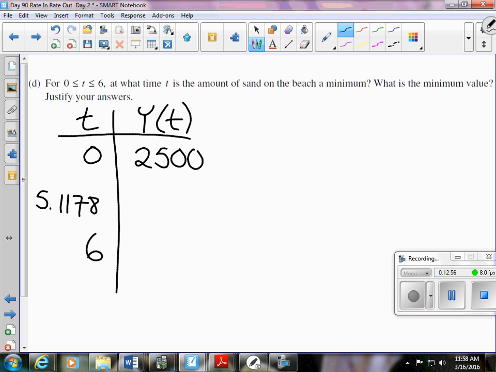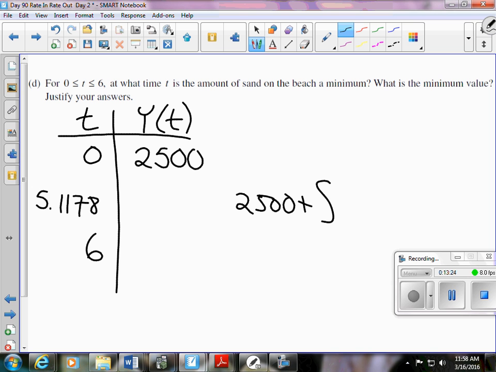Now, what if I want to know how much sand I have at this time? How do I figure that out? Ashley? What do you do? Then you take your starting amount of sand plus the definite integral.